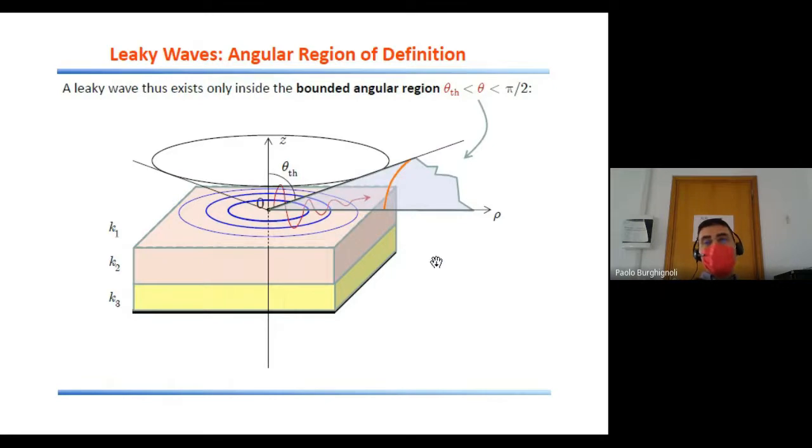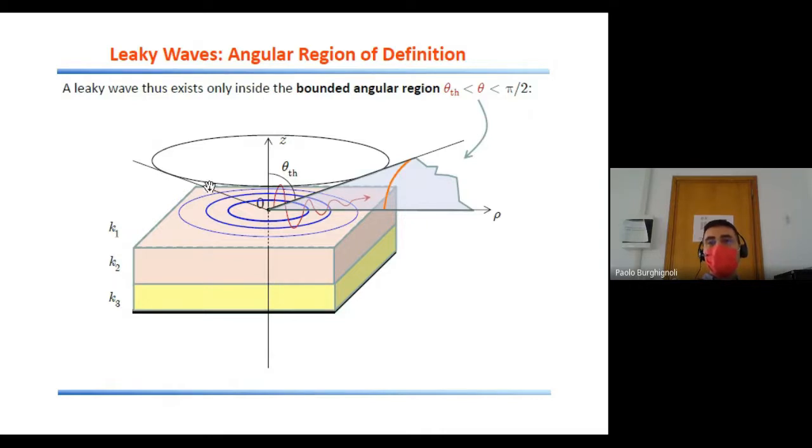This means that there will be an angular region inside which the leaky pole is captured, defined by the cone having half aperture given by the threshold angle. The axis of this cone is the z-axis.